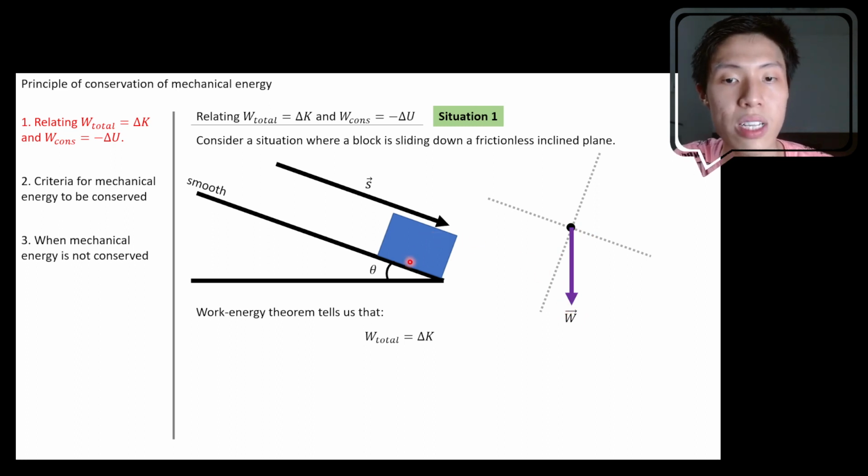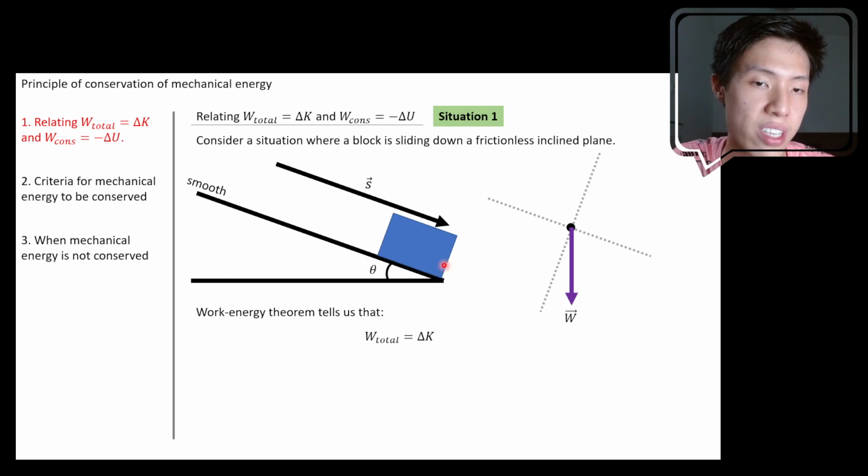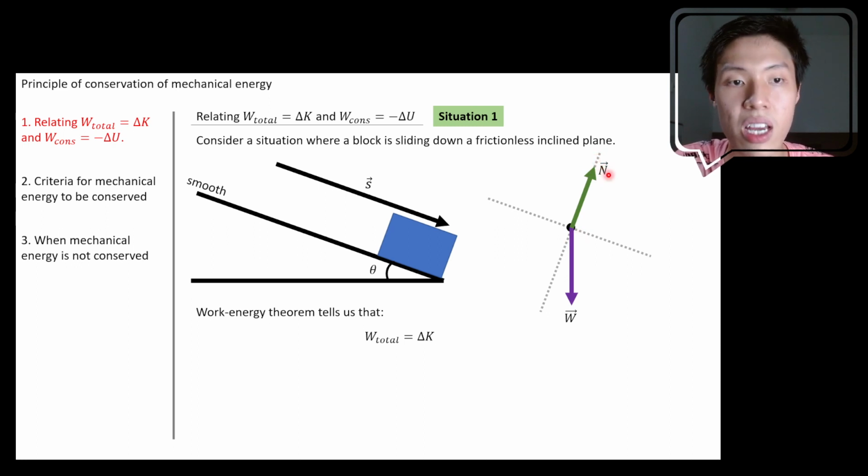The block is also touching the surface, so it experiences a normal force perpendicular to the surface, pointing right along the y-axis. The surface is smooth, so no friction. We have no ropes or strings, so no tension, and no force is explicitly stated, so no external force. That's all we have for our free body diagram.